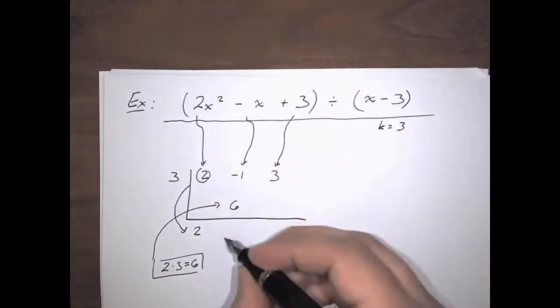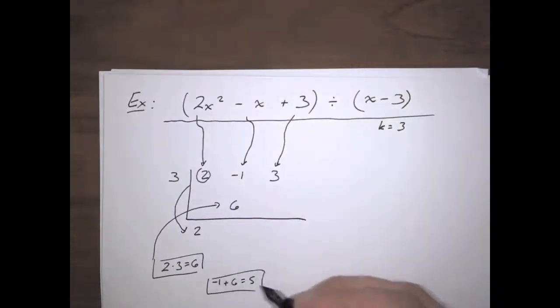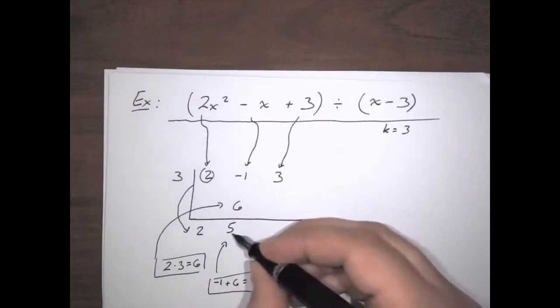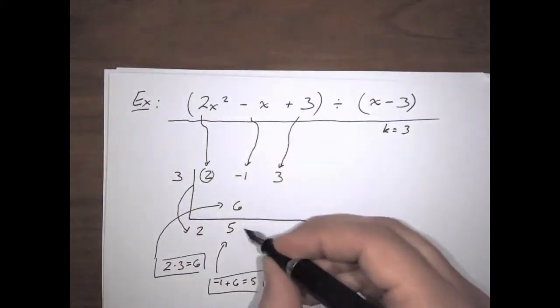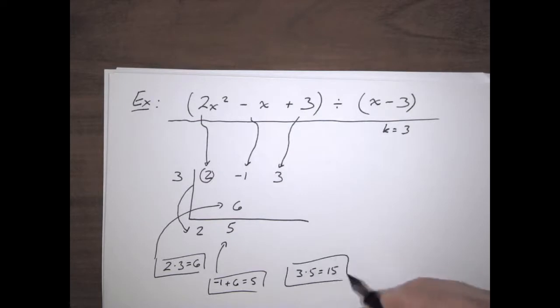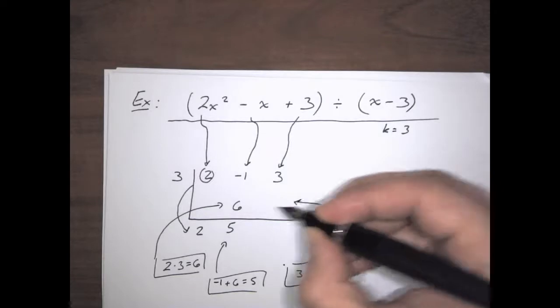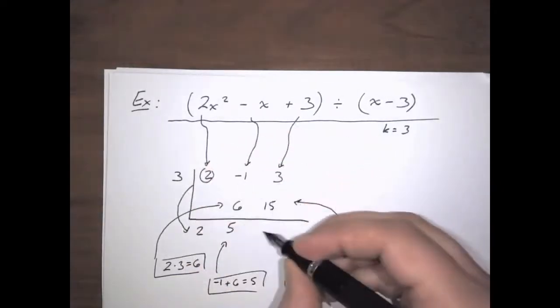Then you add these. So negative 1 plus 6 is 5. So that is how you make this number. And then what happens next is you do 3 times 5 to make this number, that's this 3 times this 5.